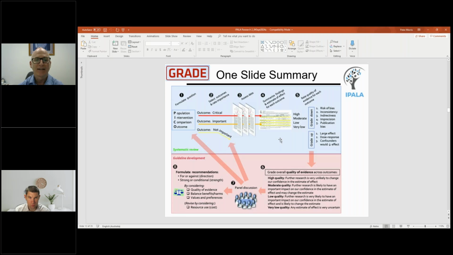The panel then takes this evidence into consideration along with other factors like the balance between benefits and harms, values and preferences of typical populations, and potential costs and/or what some people call opportunity costs.